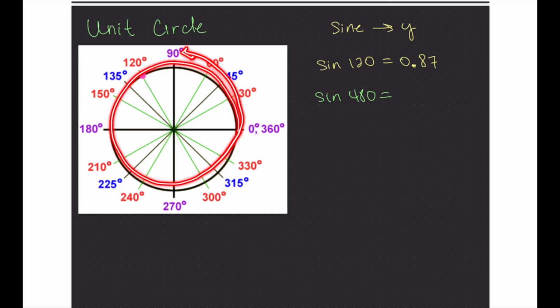How did you get 120? 480 minus 360. Yes, because going all the way around the circle is 360 degrees. So if we subtract that 360 from 480, we have 120 degrees left.